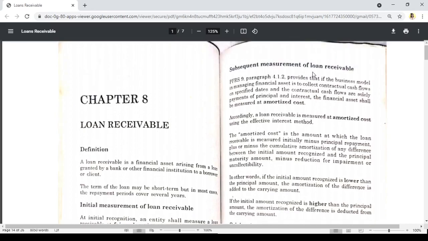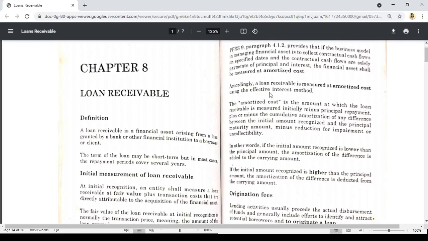Now, how about the subsequent measurement? Accordingly, it would still be at amortized cost. Just like in notes receivable, we are going to measure the loans receivable at amortized cost, using the effective interest method.